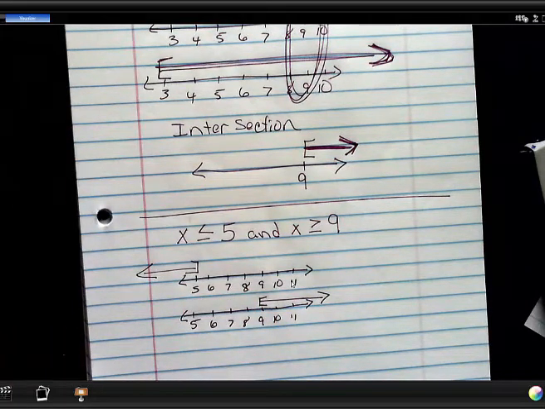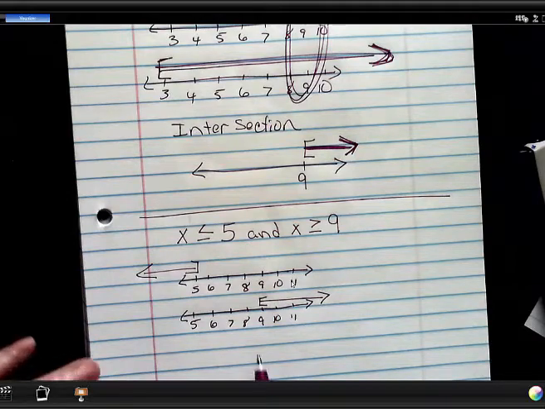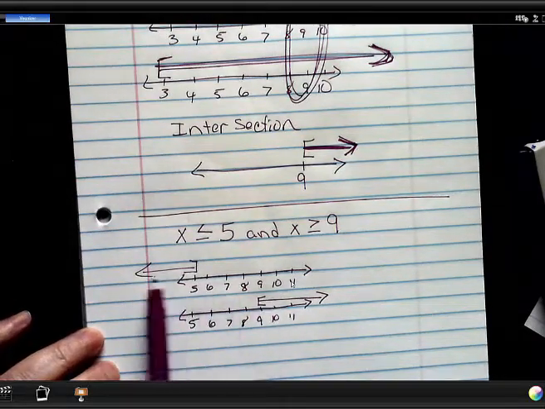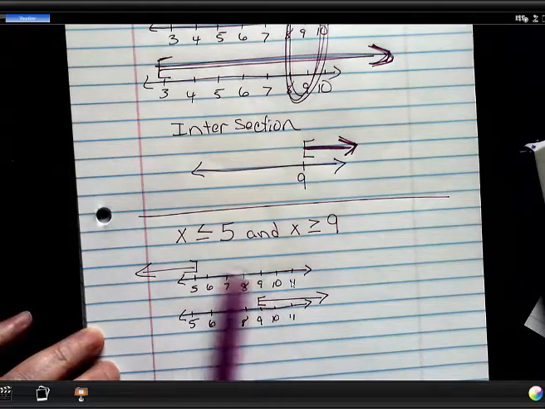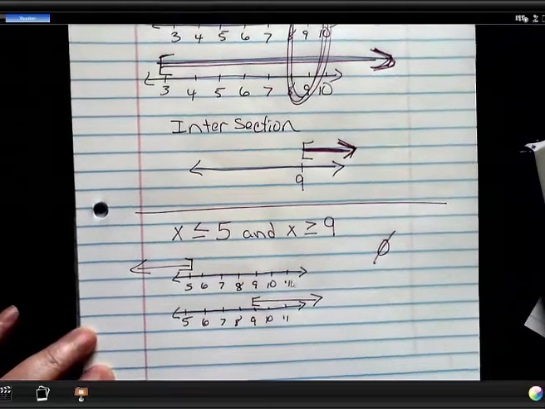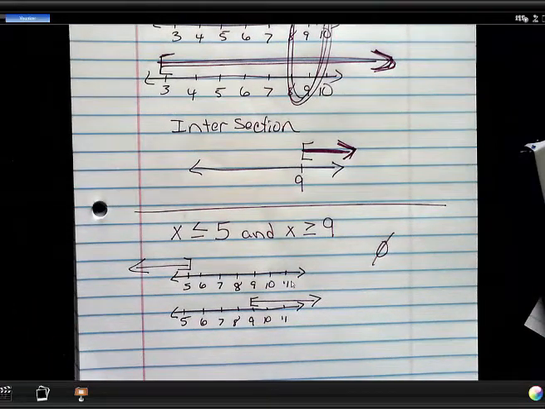So tell me, what do these two have in common? Nothing. There's nothing that intersects between them. So there is no solution set. That would be an empty solution set or undefined.